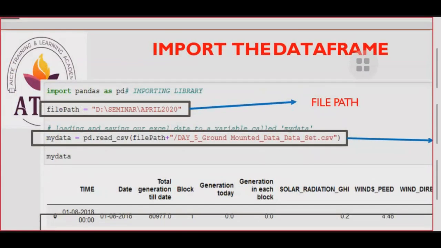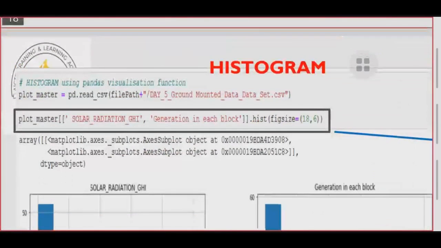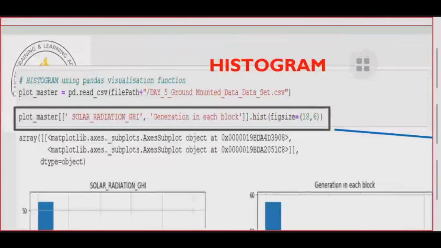Then yesterday we saw histogram. Same thing today, but with the CSV file. Yesterday we declared the values using a list, but today you are going to use this CSV file. Plot master, that is, which rows are to be used to draw that histogram.